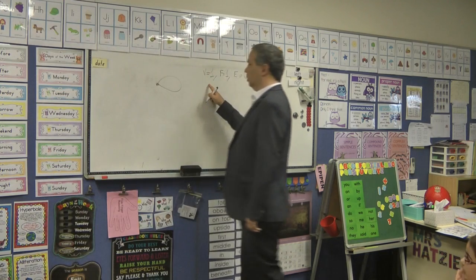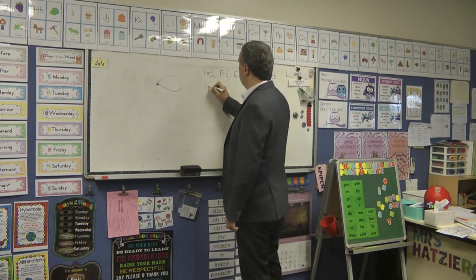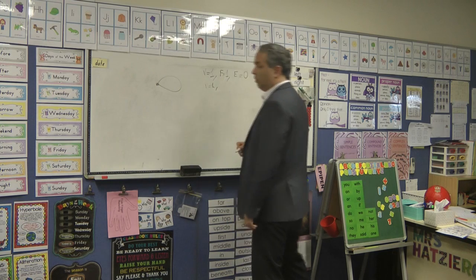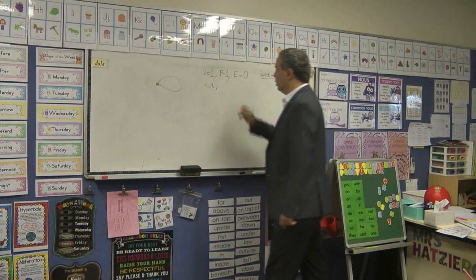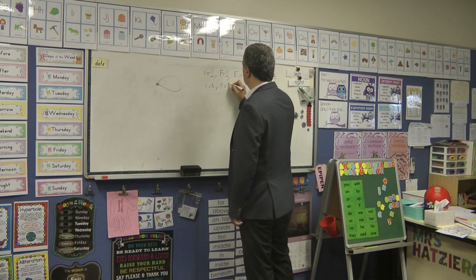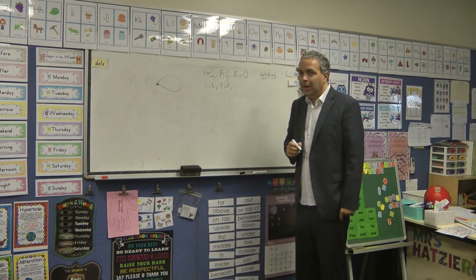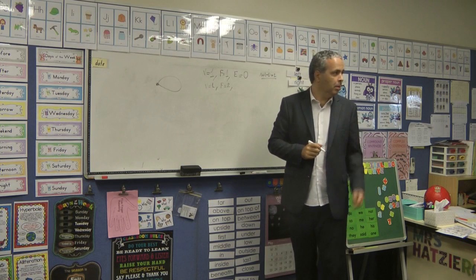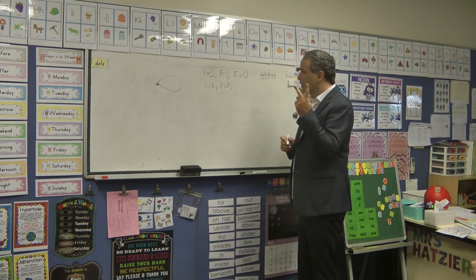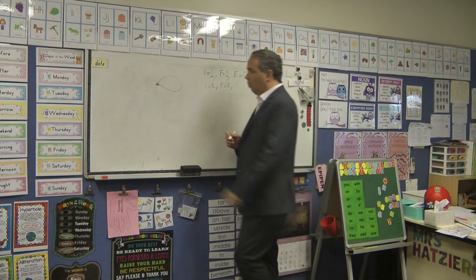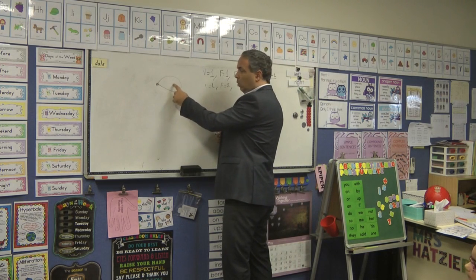So, vertices, 1. Correct. Faces, 2. There's two faces. Then the last one, edges, is 1. Because you have one face here inside, and one outside.